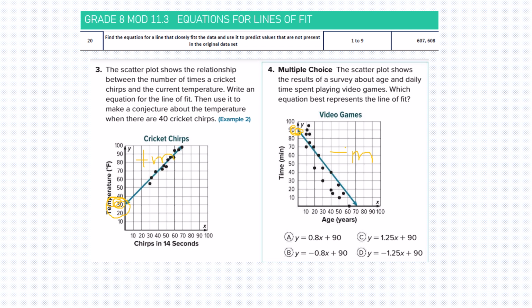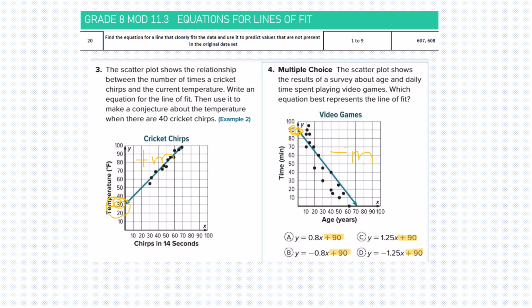Now to quickly look at how we isolate when it comes to multiple choice questions. If we look at the y-intercept, we can see that they all have a value of plus 90, so we cannot use this to isolate. So the next thing we go to is looking at the slope.